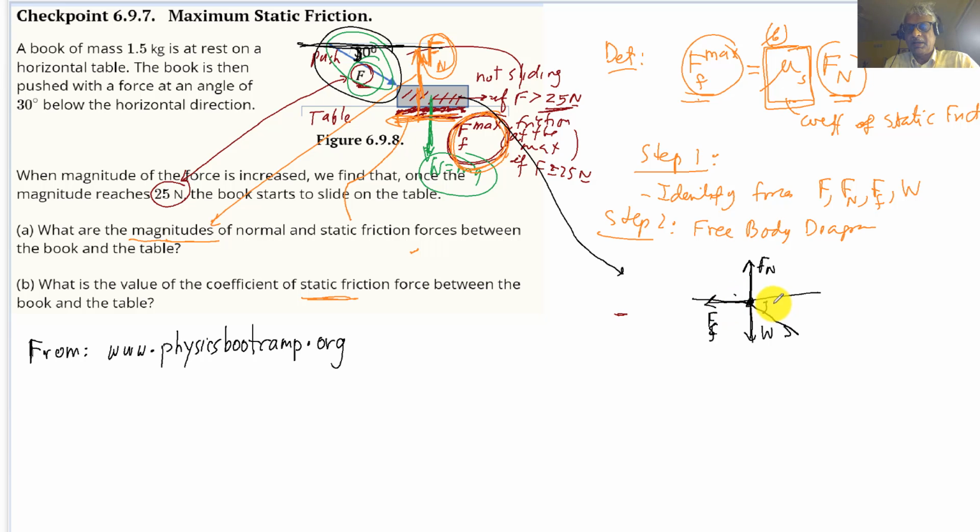This F is 25 Newton, and this weight is mg, which, 1.5 kilogram times 10, will be 15 newtons. Okay, so we'll use g equals 10 meter per second squared for simplicity.